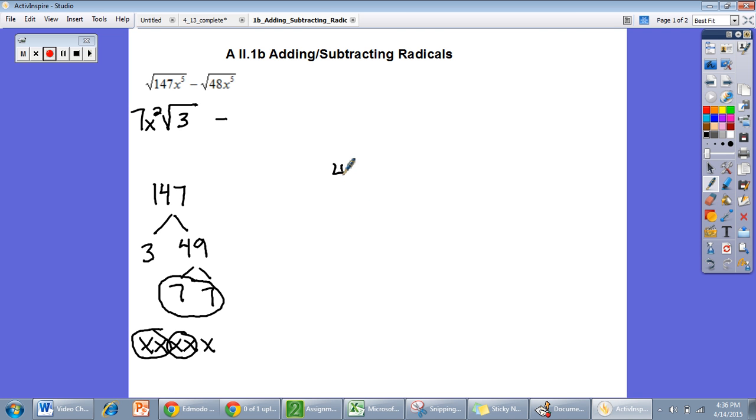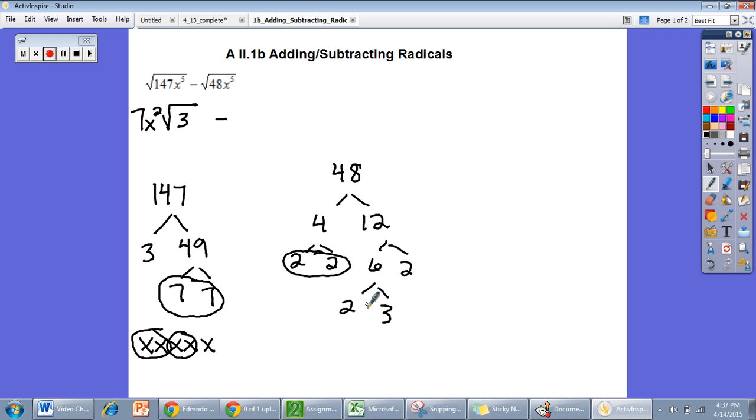So reducing the 48, I'm going to divide 48 by 4, and then that gives me 12. This is 2 and 2. 12 is 6 and 2, and 6 is 2 and 3. So again, I'm looking for groups of 2.